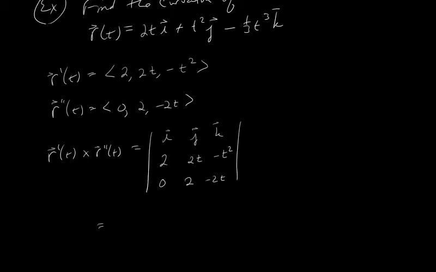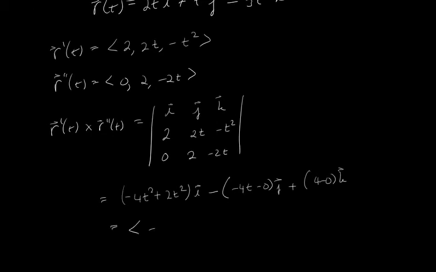Okay, so that's going to be, back that train up, negative 4t squared minus negative 2t squared in the i direction, minus, because it's the j, negative 4t minus 0 in the j direction, plus 4 minus 0 in the k direction.